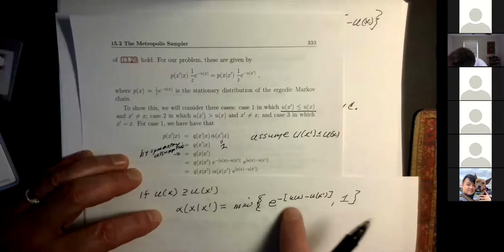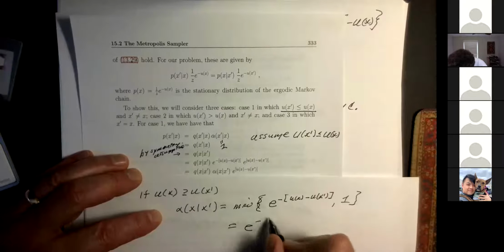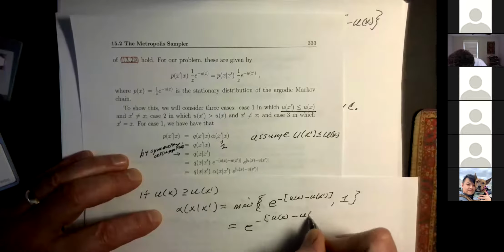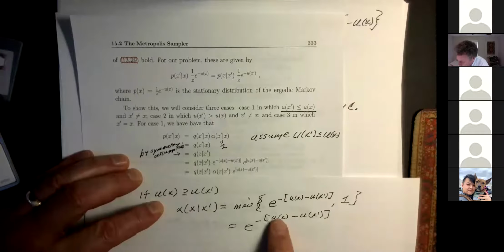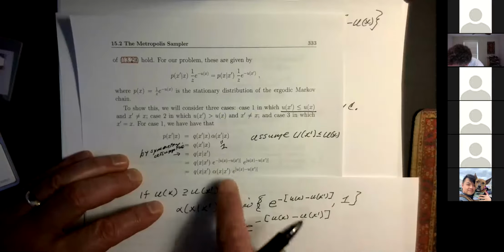And since this thing here is less than 1, that's just equal to e to the minus (U of x minus U of x prime), because we're assuming that the energy goes up, so this quantity here is less than 1. So that leads to this expression right here.